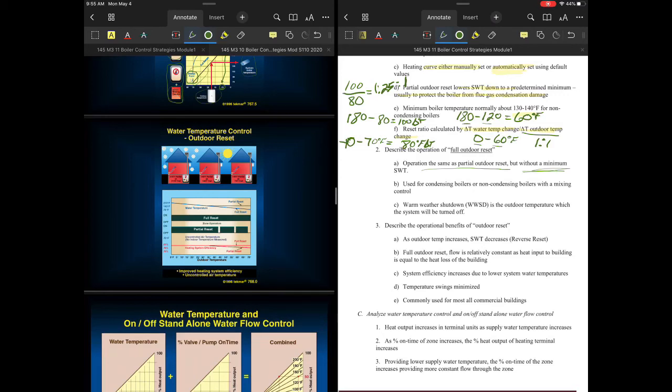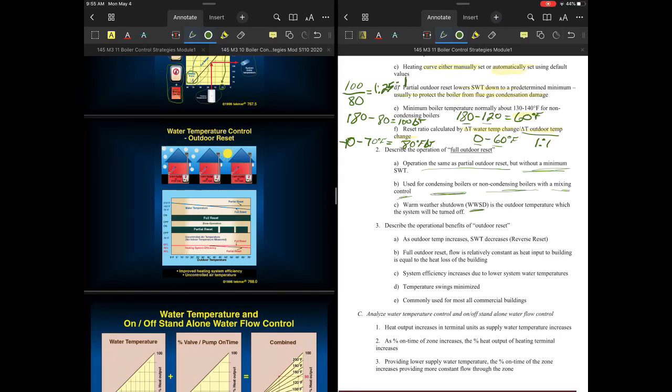And then of course with full auto reset, we recognize that the operation is the same as the partial auto reset, except we took out the minimum. We let it go all the way down to what we would consider the lowest water temp we want to achieve on a boiler. And again, that is a programmable feature by most applications. I talked about condensing boilers and non-condensing boilers with a mixing control.